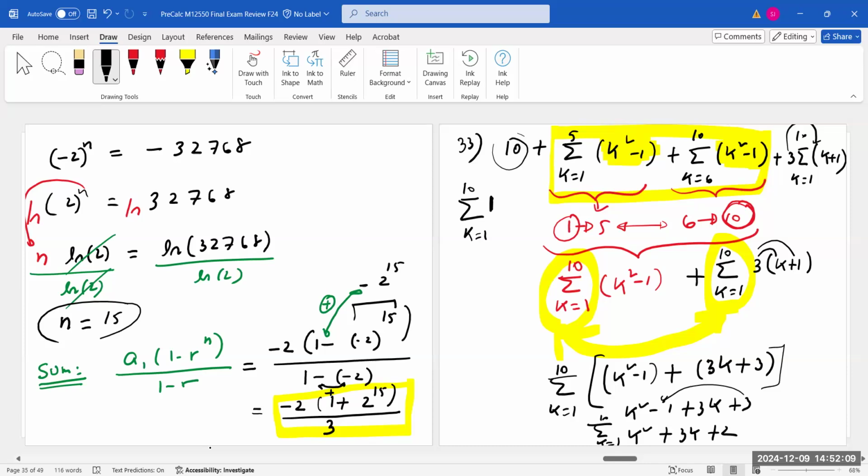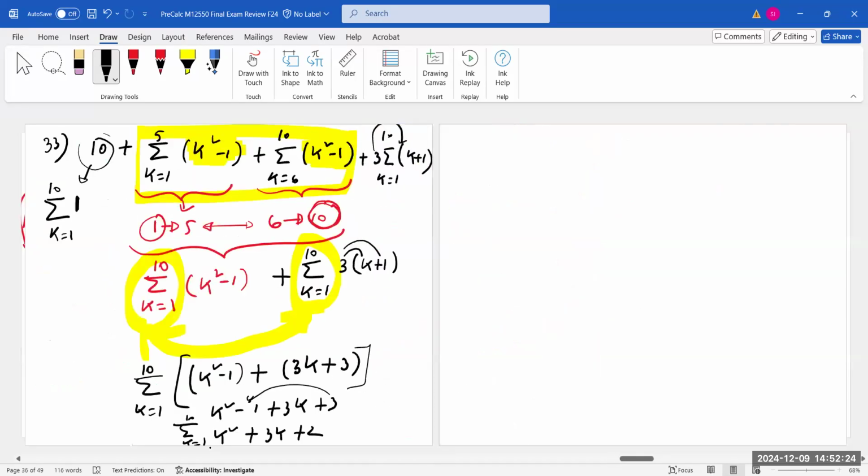Even though you don't have k, it means we are adding the same term 10 times. So we can rewrite this using sum notation. The 10 becomes the sum from k equals 1 to 10 of the number 1, and the last one gives us the sum from k equals 1 to 10 of k squared plus 3k plus 2.